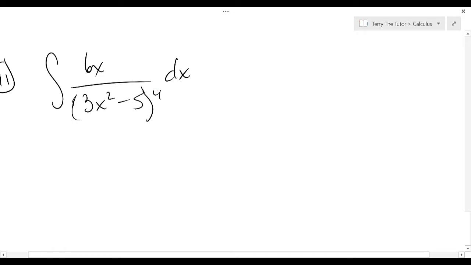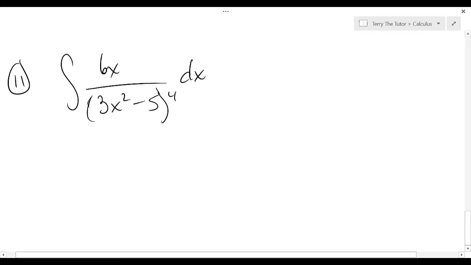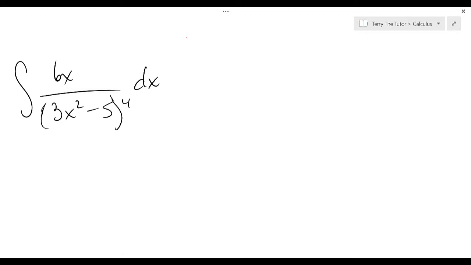Maybe I could FOIL all this out, which would be 3x squared minus 5 times itself 4 times, and then attempt to look at the numerator and maybe factor something out. I could try all of that, but what I'm going to do instead is try a technique known as U substitution.